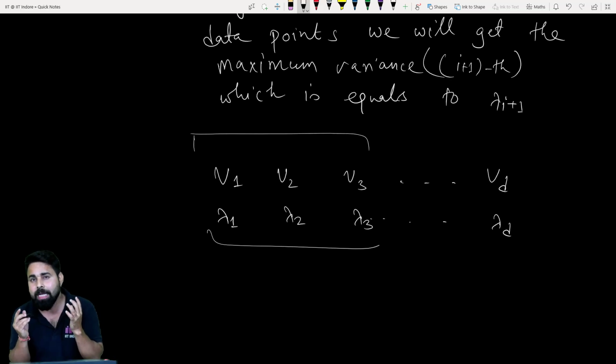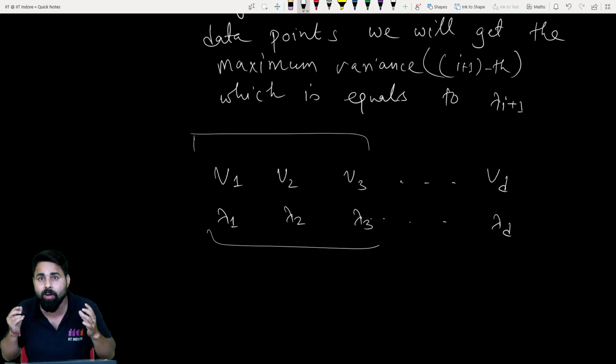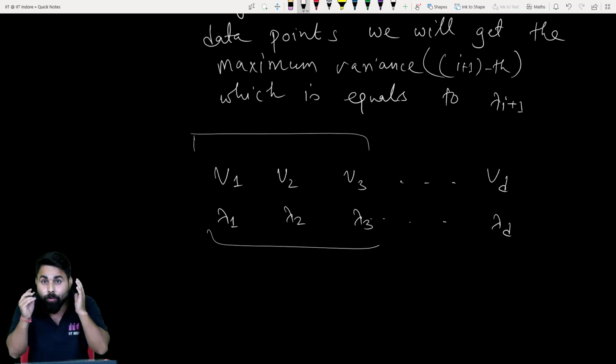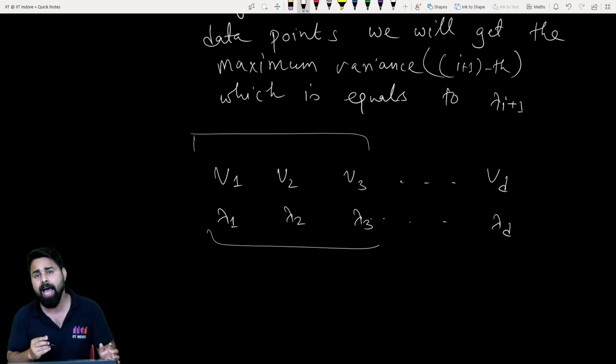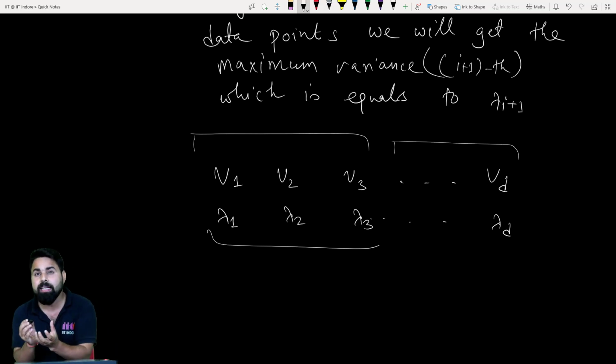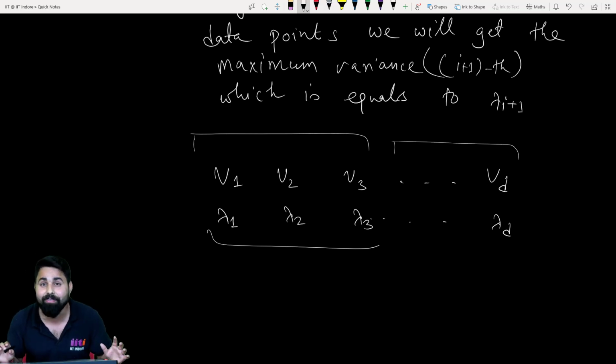Our aim was to find the directions along which, if we project our data points, the variance is very good, so that we can visualize this data very clearly, like Dhruv Jurel was watching these stumps. And other directions along which the variance is low, we can actually safely ignore.